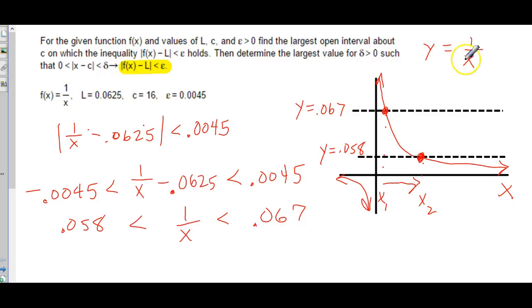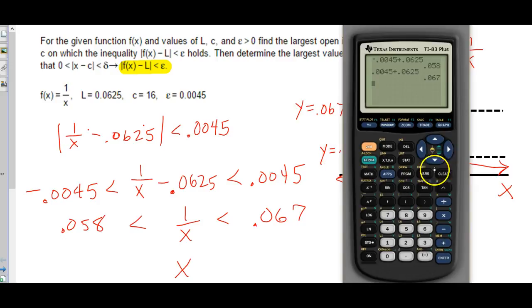And remember, 1 over x is just the reciprocal of x. So if I reciprocate these two values that correspond to 1 over x, if I take the reciprocal of 0.058, I get 17.241 roughly.